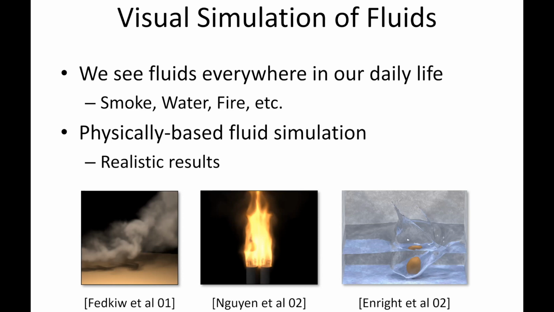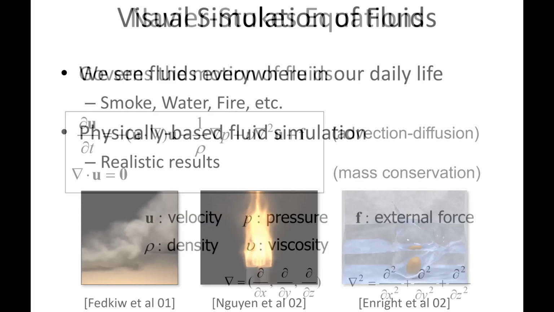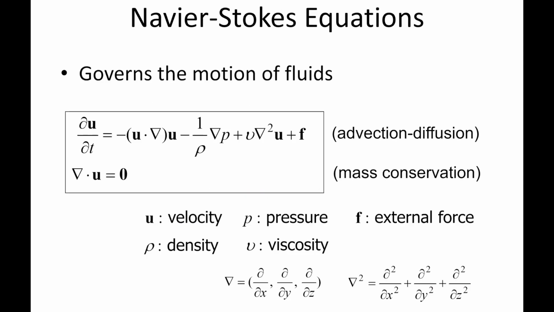And in computer graphics, we often employ physically based simulation to create realistic animations. That is, the methods developed in computer graphics are usually based on the numerical solution of the Navier-Stokes equations, shown in this slide. We are mostly interested in the incompressible Navier-Stokes equations.